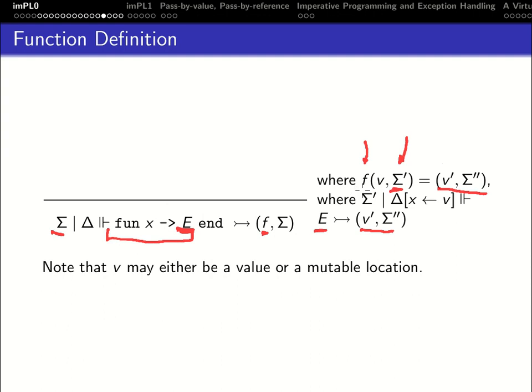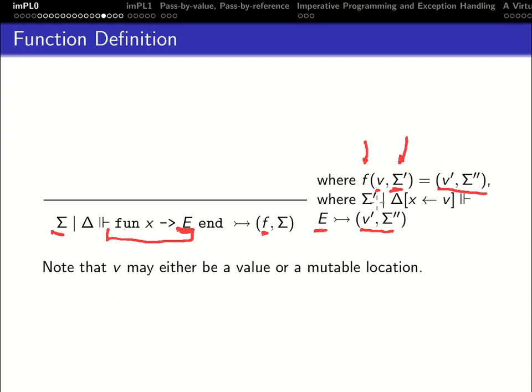So this is what becomes my denotation for the functional expression here, right? So what are the conditions that f has to represent? So let's assume that when it receives value v and sigma prime, then it produces value v prime and store sigma double prime. For that to happen, there are some conditions that the evaluation of the expression E must comply with, right?